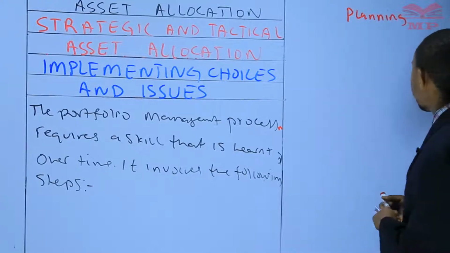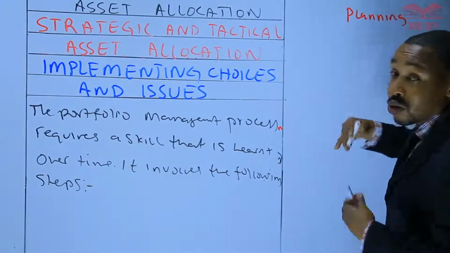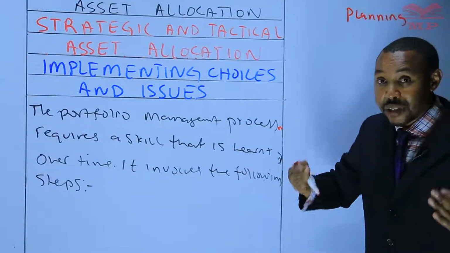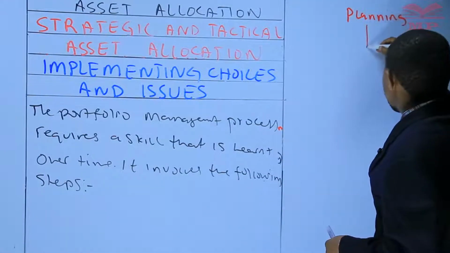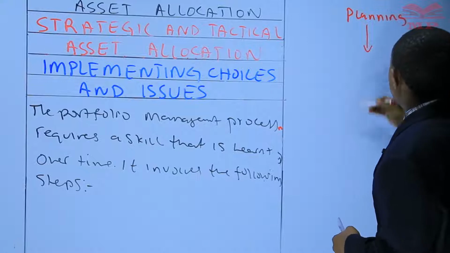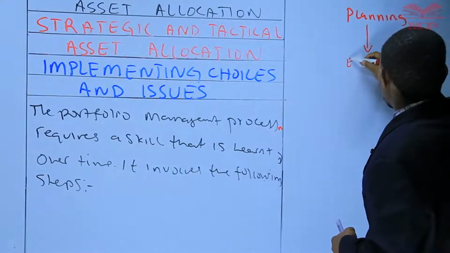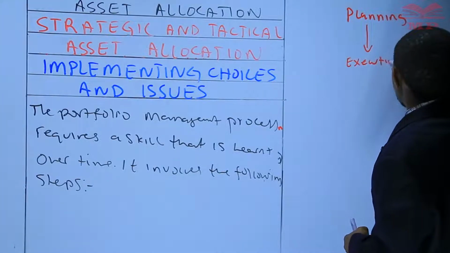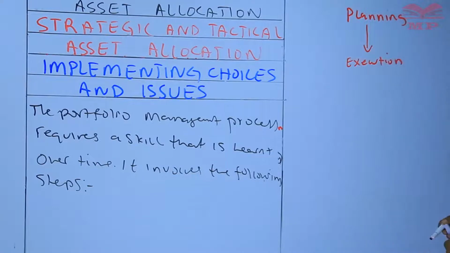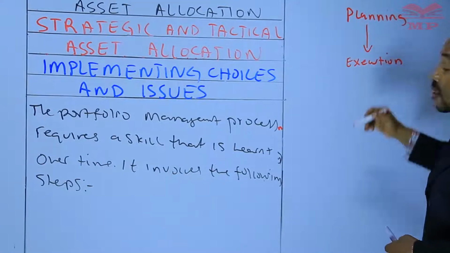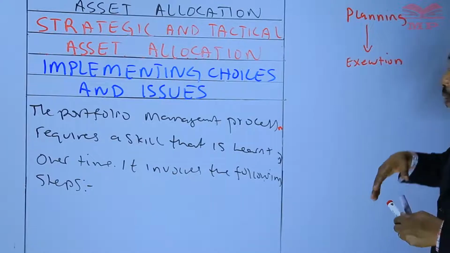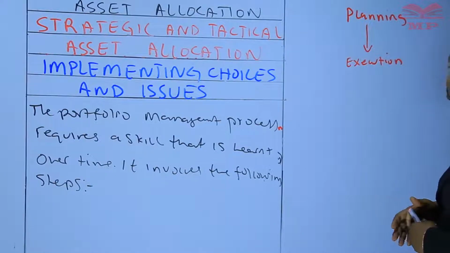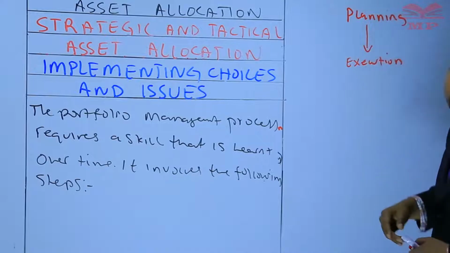Once planning is done, and also requiring you to develop objectives and constraints, we move over to execution. Thereafter, this execution step involves the actual investment in asset classes that have been identified under the planning step.